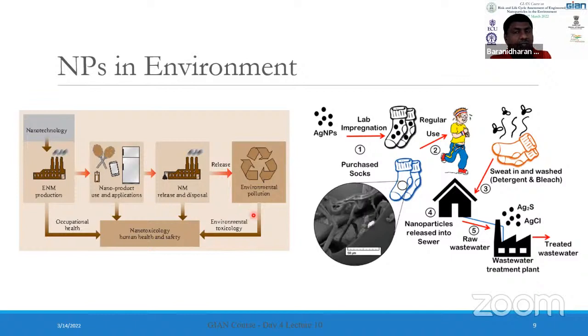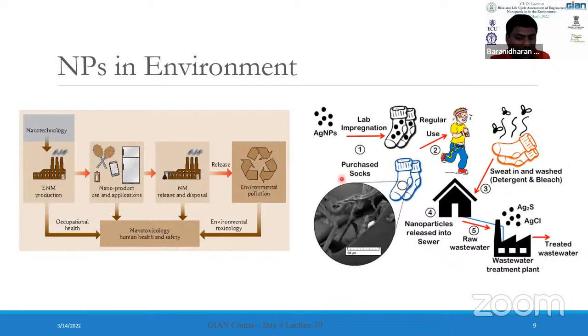Once the toxic concentration gets more and more, what is their effect on the living organisms surrounded by these nanoparticles? So there comes nanotoxicology as well as human health and safety. So what is the safety of having these nanoparticles? Are they really safe in the environment, or once it's used, what are they really up to?